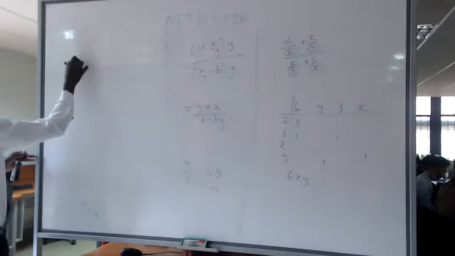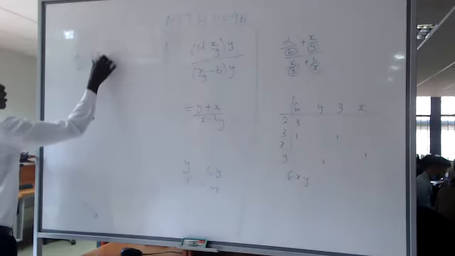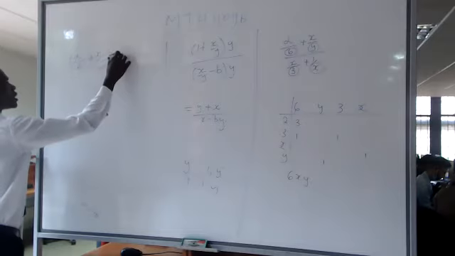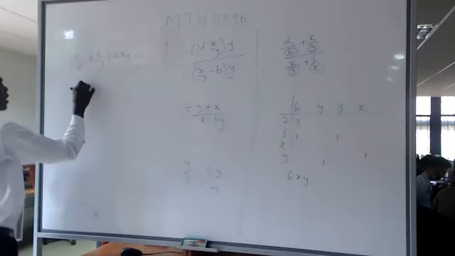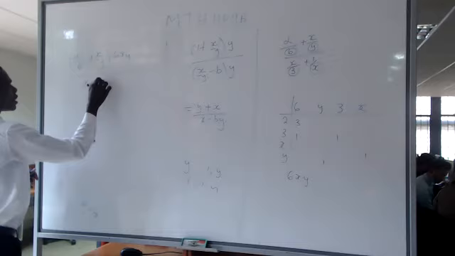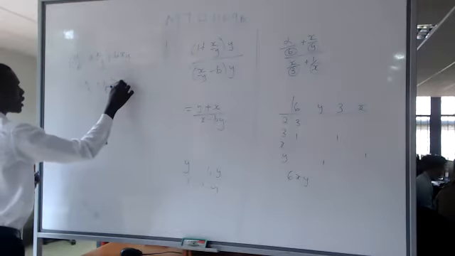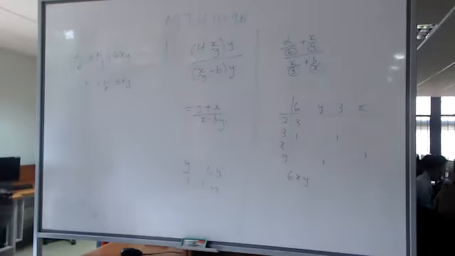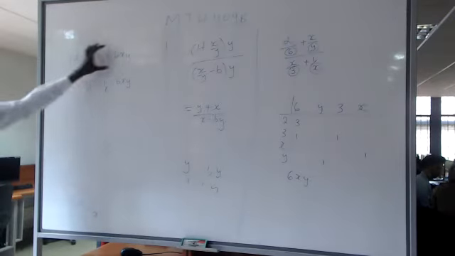here is alpha divided by 6 plus x divided by y, the whole expression multiplied by 6xy, all this divided by x divided by 3 plus the reciprocal of x, all this multiplied by 6xy. This is just the usual multiplication. So open the brackets.